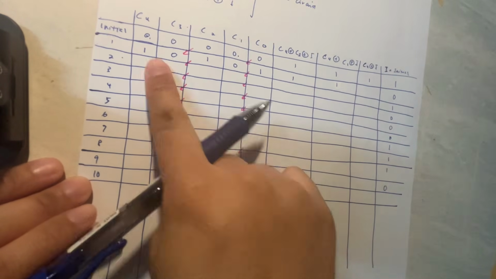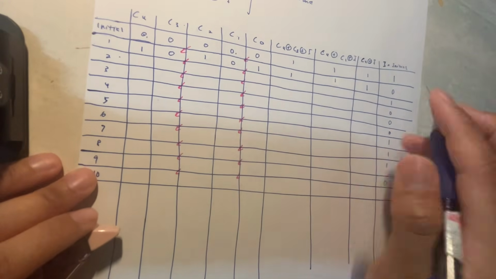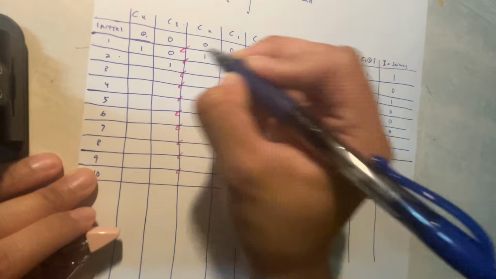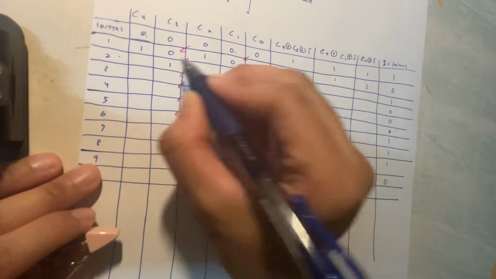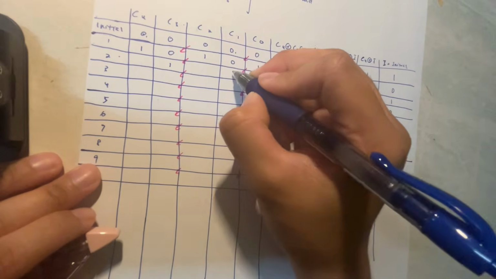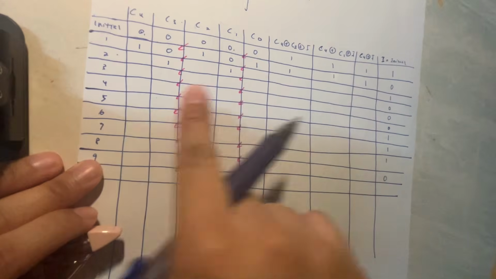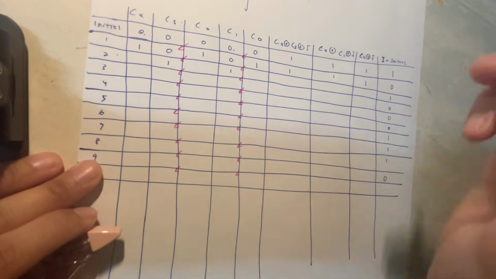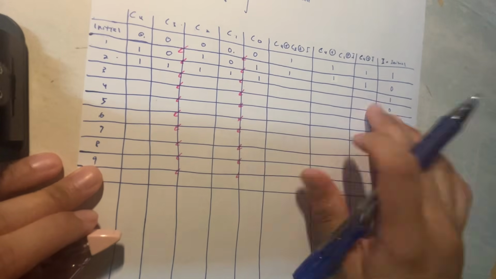Yeah, C4, 1, 1, 0 is 1. And then you just repeat the process. The old C2 goes into the next C3, the old C0 goes into the next C1. And then the values of this 1, 1, 1 go into C4, C2, C0. There you have it. Then you just repeat the process.